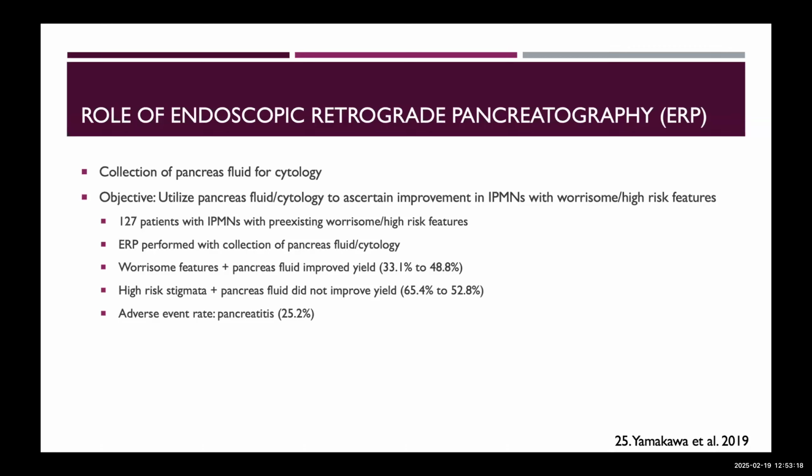With worrisome features, so concerning features but not a slam dunk, it increased the yield of diagnosis from 33.1 to 48.8%. But when patients already had high-risk stigmata, meaning things like biliary obstruction and so forth, analyzing pancreas fluid in addition to those high-risk features really did not add much.